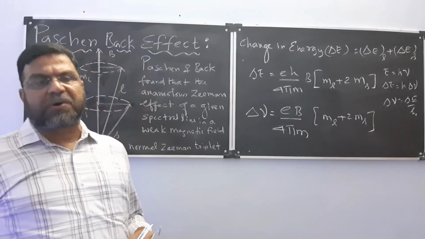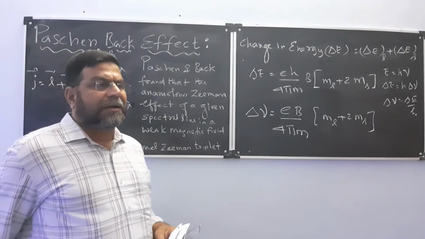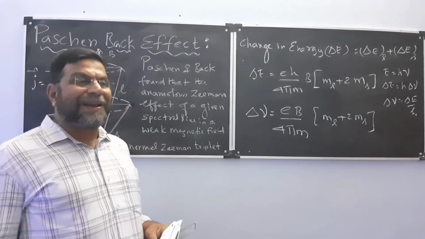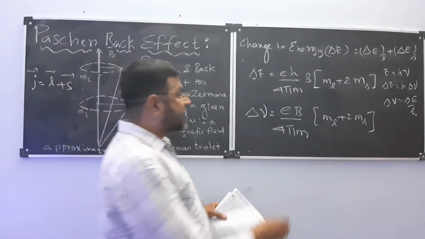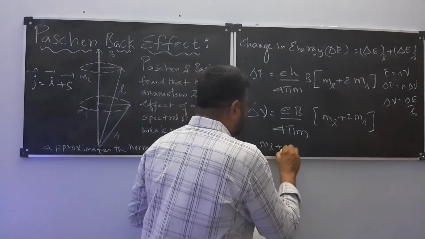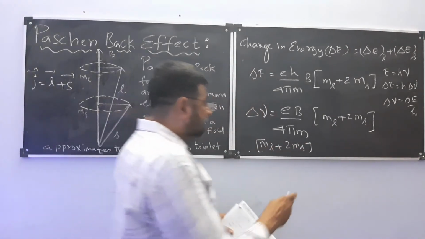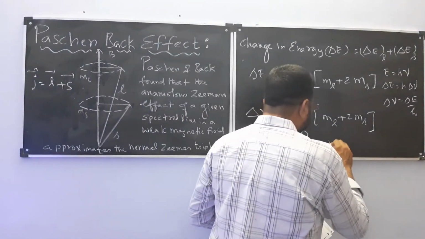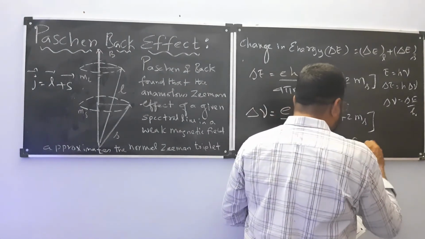That is what I told you, J equal to L plus S, the total angular quantum number is the sum of spin and orbital quantum numbers. Therefore, the quantity m of L plus 2 m of S is known as the strong field quantum number.